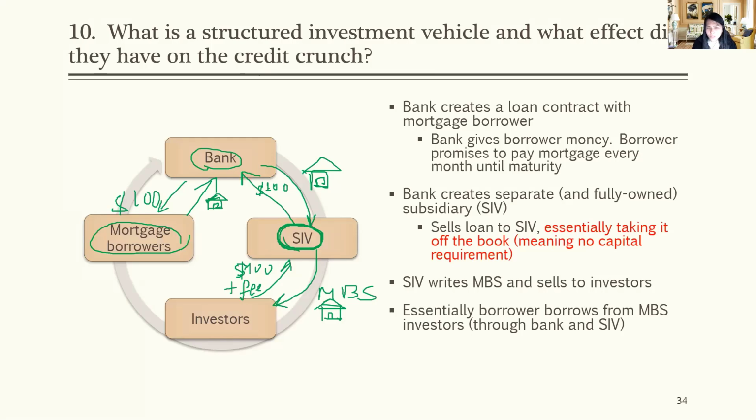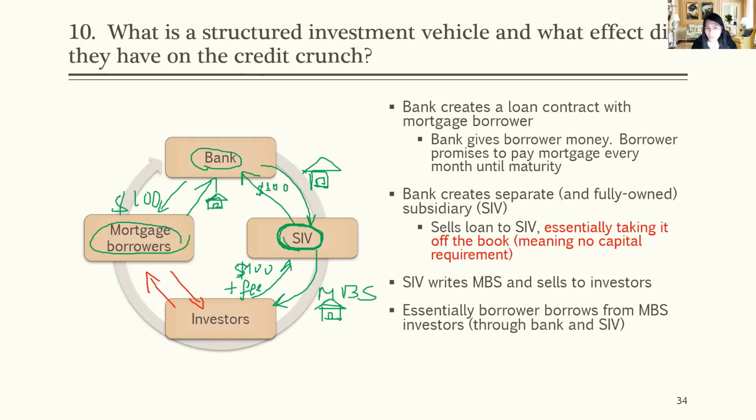So through this process, essentially money flows from investors through to the SIV, through to the bank, and through to the borrowers. So essentially through a securitization process, you create two contracts between the investors and the mortgage borrowers.